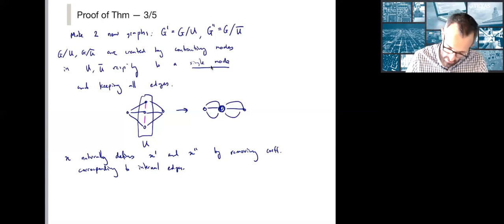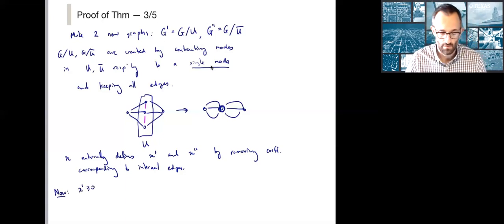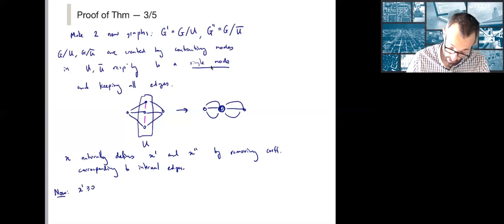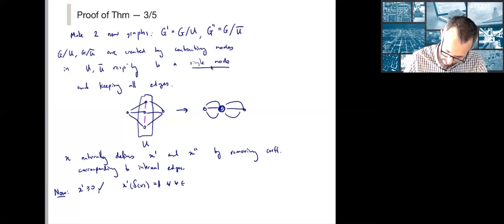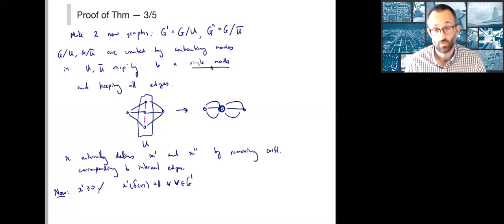Do we have X dash non-negative? Certainly. We must have this. Check, we have that. Do we have X dash of delta of V equal 1 for every V in G dash?